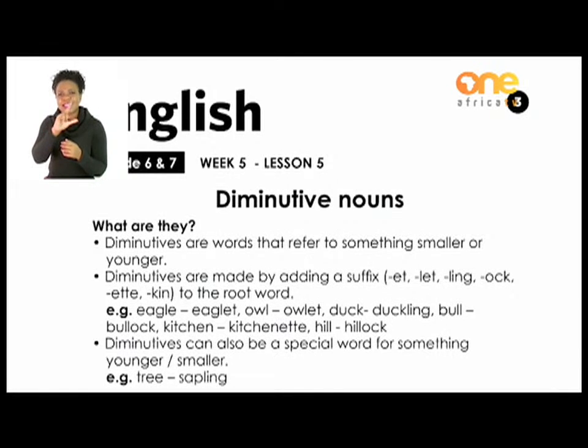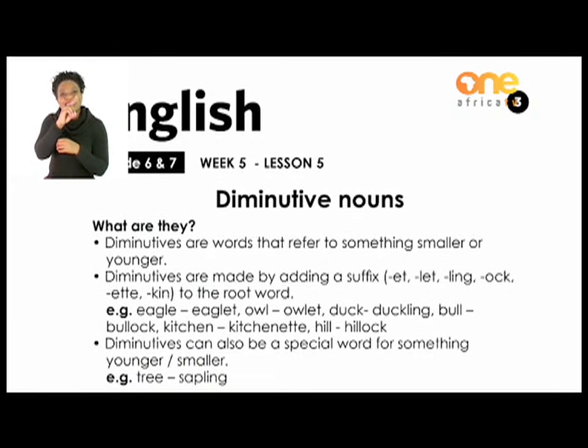If you add let, it becomes eaglet. So eaglet is the young one of an eagle. You have owl. A young one of an owl becomes an owlet. Duck, duckling. Bull, bullock. Kitchen, kitchenette. Hill, hillock.